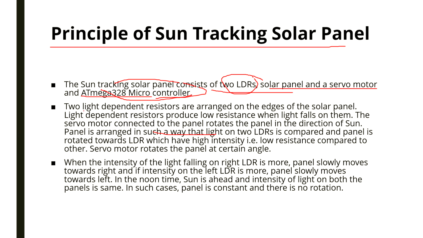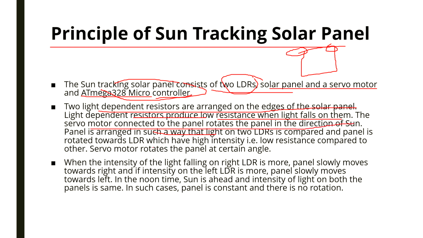Two light dependent resistors are arranged on the edges of the solar panel. So two of them will be installed at the corners, the edges. The light dependent resistors produce low resistance when light falls on them. The servo motor connected to the panel rotates the panel in the direction of the sun.